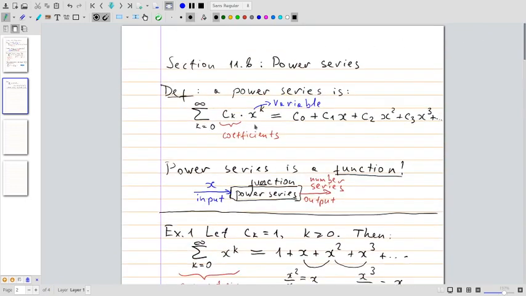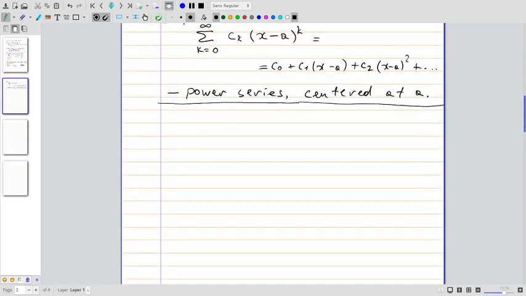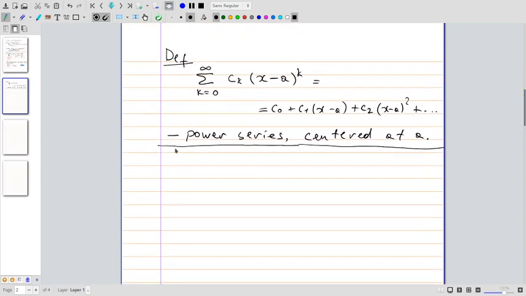This is effectively a polynomial. You're just summing up coefficient times power of x, coefficient times power of x, and so on, except that, unlike in a polynomial, you have infinitely many terms. So it's interesting to think about the relation between these power series and polynomials.